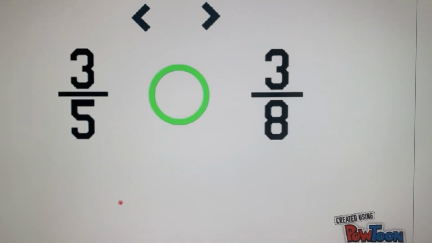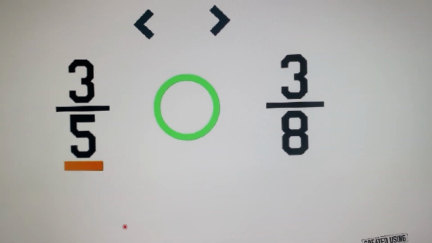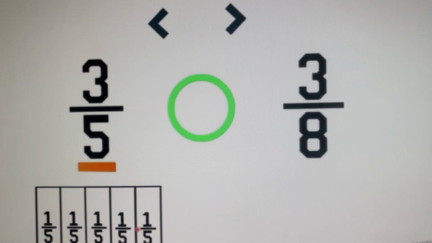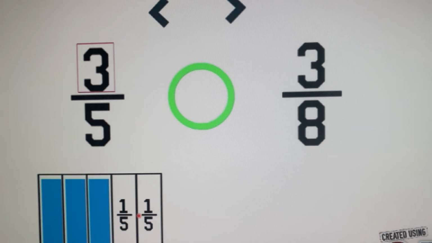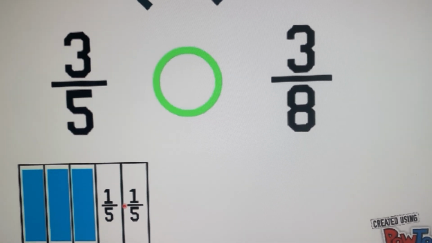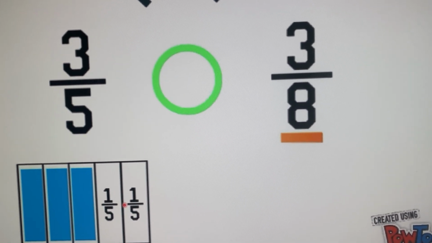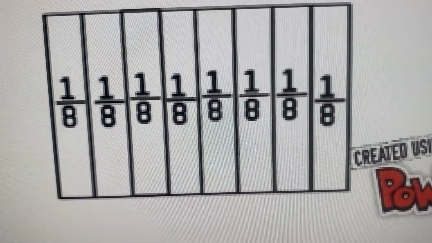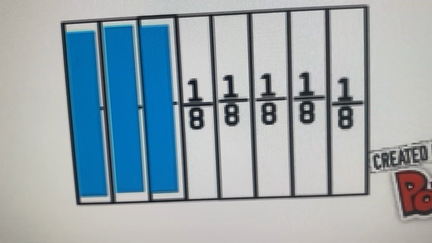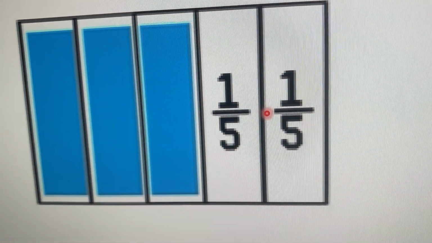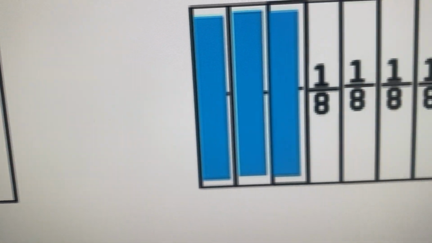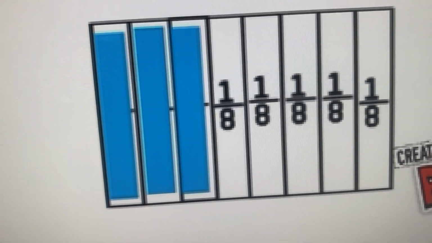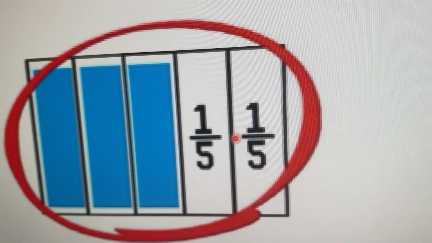Now, let's take another example. 3/5 and 3/8. Since we know what we have to do, let's put in our mind that 3/5 is greater than 3/8. Why? Look here. The parts are smaller than 1/5 because I needed more parts in 1/8 than in 1/5.